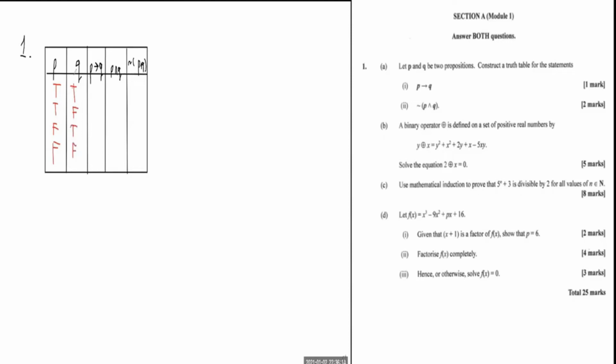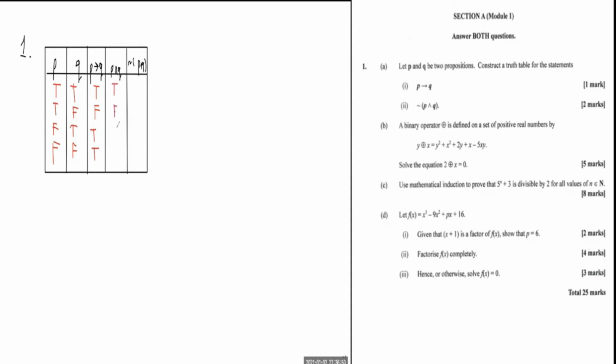Now that we cover all four possibilities, P implies Q is only false whenever the antecedent is true but the consequent is false. So the only time it's going to be false is right here. Everywhere else is going to be true. P and Q is true when both P and Q are true. So this is the only time P and Q is true.